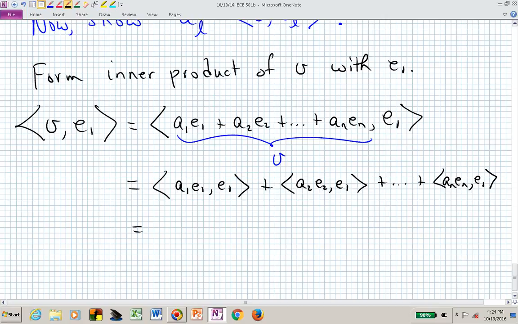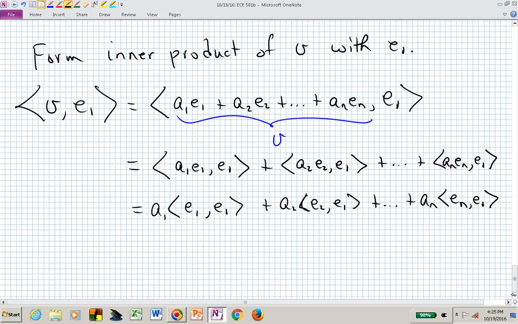And now we can apply homogeneity at the first slot and pull those scalars out. We now have a1 times the inner product of e1 with itself, plus a sub 2 times the inner product of e sub 2 with e1, and a sub n times the inner product of e sub n with e1.